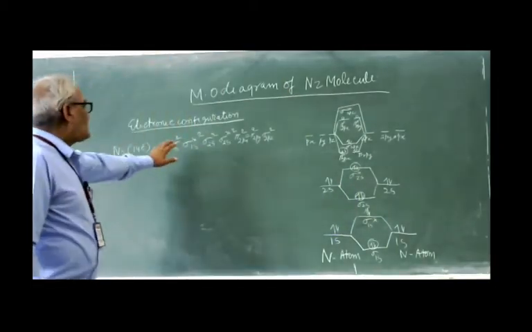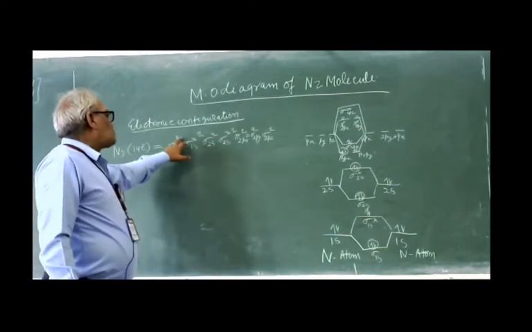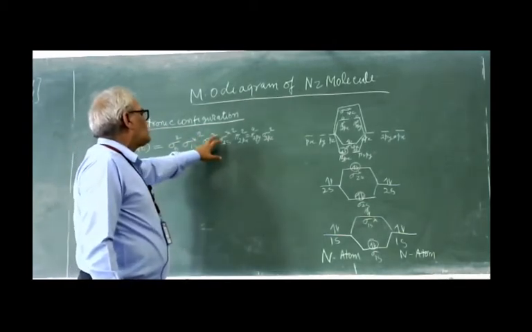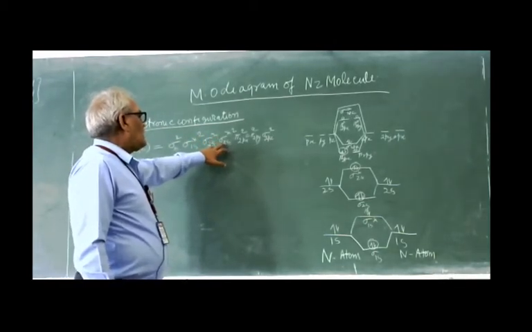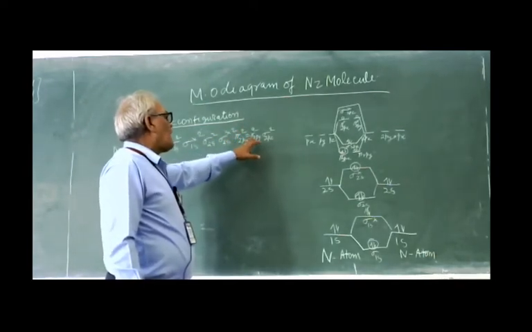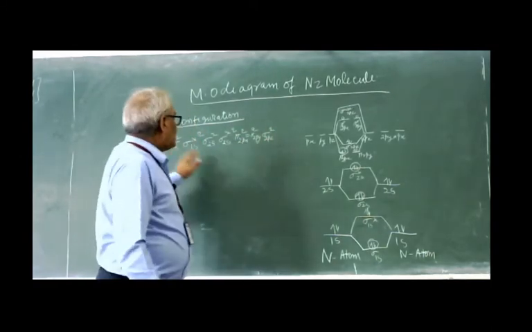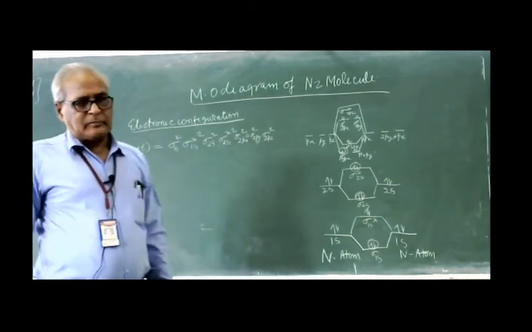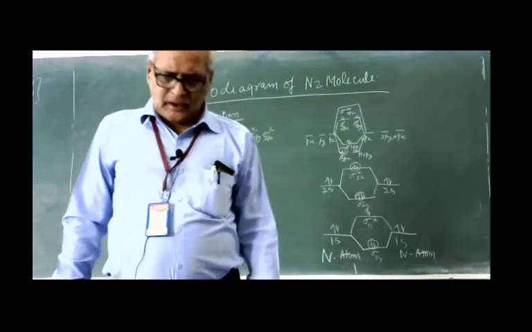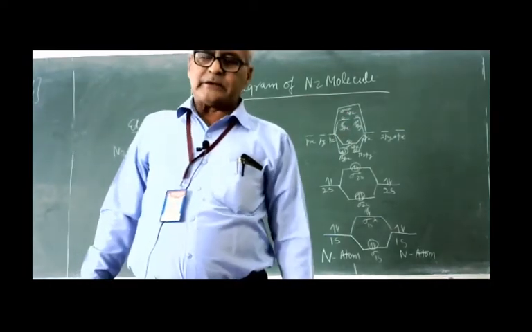This is the electronic configuration of the nitrogen molecule: sigma 1s2, sigma star 1s2, sigma 2s2, sigma star 2s2, pi 2px2 equal to pi 2py2, and sigma 2pz2. This is the increasing order of the molecular orbitals, and electrons are filled according to the energy level.